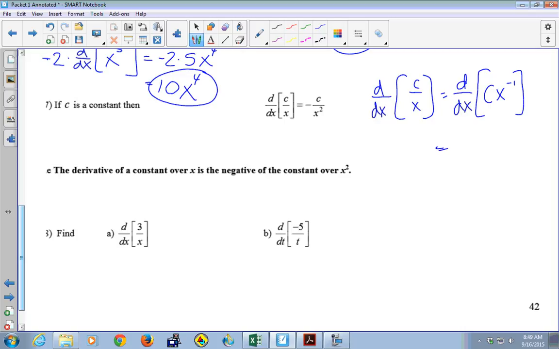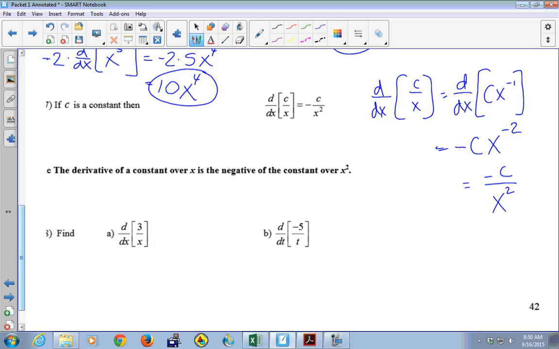Apply the power rule. You bring that -1 down and multiply by c, and you get -c. Copy the x, reduce the power by 1, and that simplifies to -c over x squared. So it's just a special case of the power rule. You don't have to memorize all the special cases because you can just apply the power rule and figure them out. But sometimes it saves you time if you know them off the top of your head.